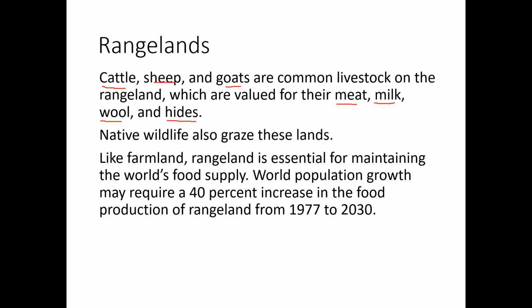From 1977 all the way up to 2030, we needed, or still need, about a 40% increase in the food production of rangeland. So that's a lot of extra food that you have to get out of the land. And when you combine that with the fact that we're using up that land to build cities, you can see how this could turn into an issue.